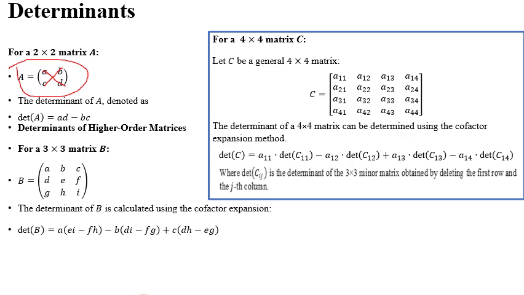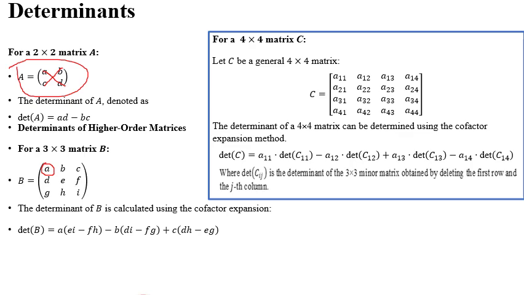So moving on from there, a 3 by 3 matrix. The determinant of this 3 by 3 matrix is such that you take the first element in the first row, so you write it down.